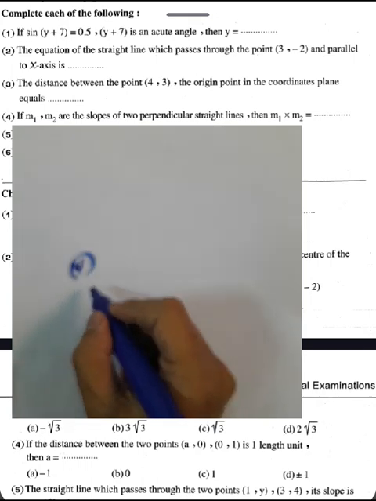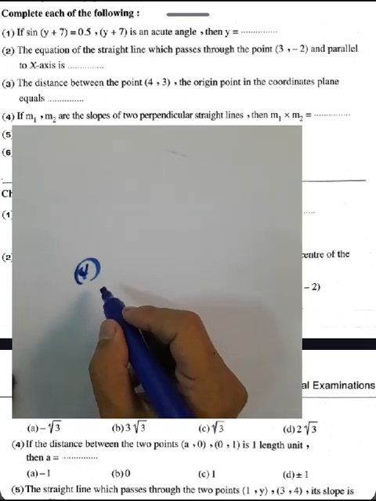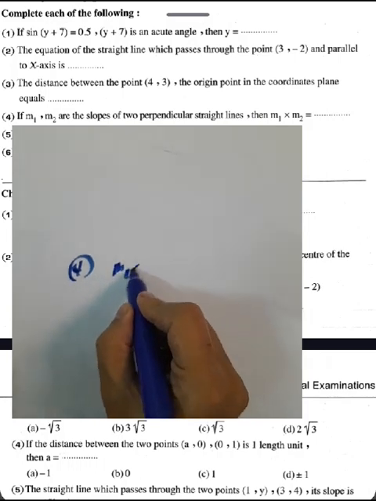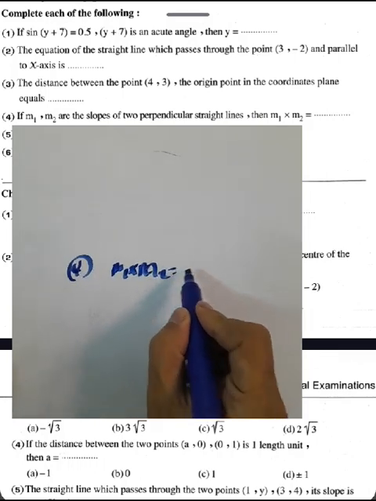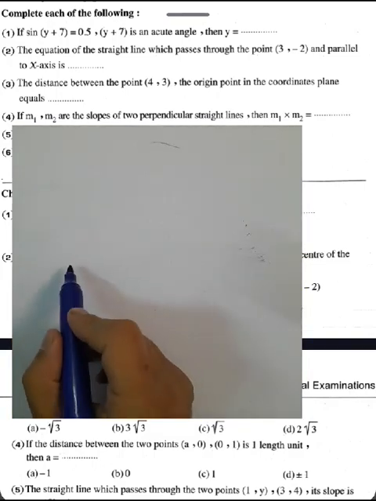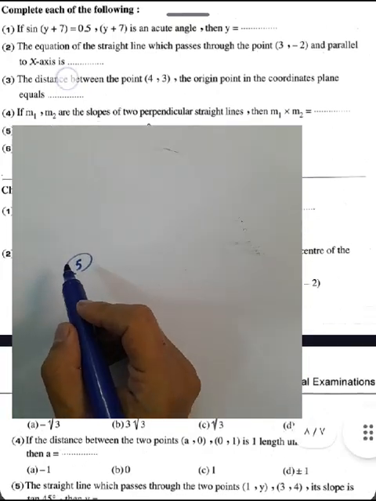Number 4. If m1, m2 are the slopes of two perpendicular straight lines, then m1 times m2 will be negative 1. They are perpendicular, then slope 1 times slope 2 will be negative 1. Number 5.